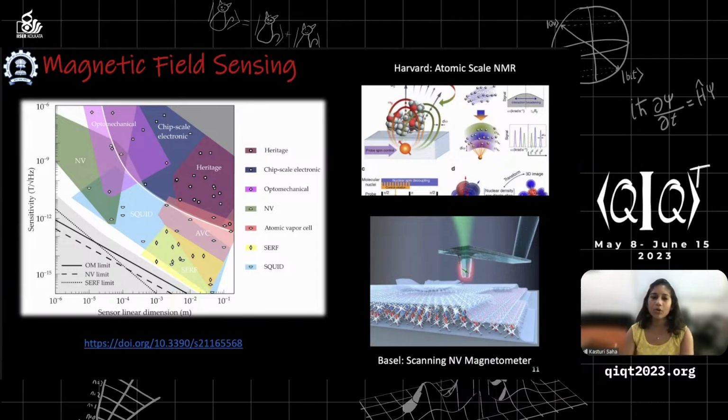Now, why is this important? We already have methods like X-ray diffraction and other extremely sophisticated methods for protein structure determination. But one of the main challenges there is that the proteins have to be crystallized.